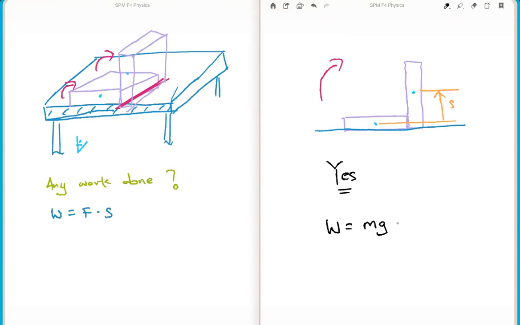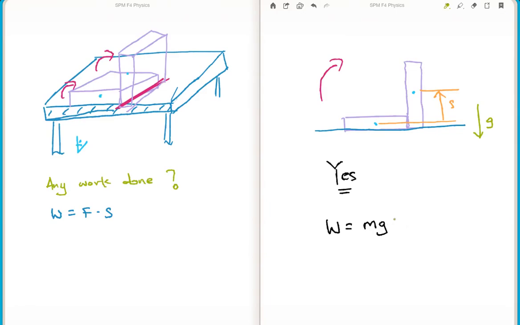It doesn't need cos theta because the weight of the book is downwards, right? You are doing work to go against the gravity. So therefore, this is my F.